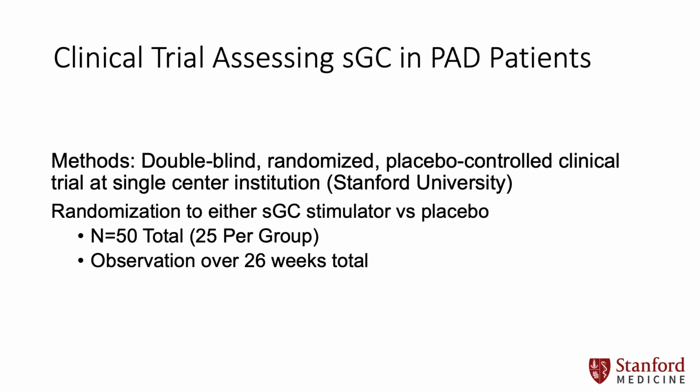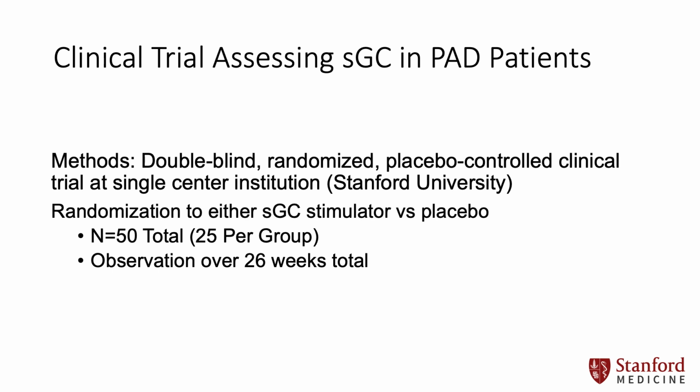So in summary, we basically find that we've had this new novel association with NOS3 for PAD. We can see that in a mouse model of PAD, treatment of eNOS heterozygous animals with Riociguat improves exercise capacity.